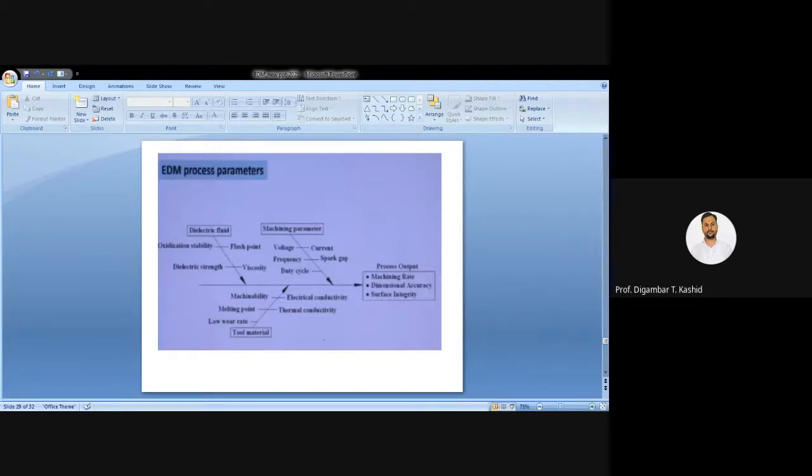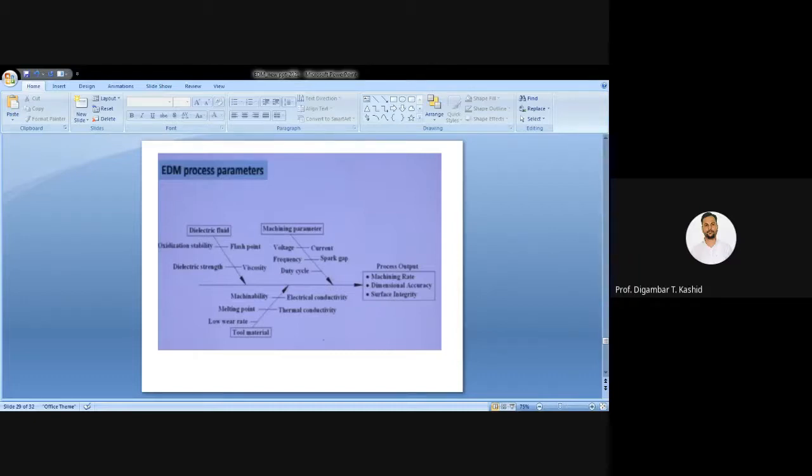Now let us discuss the process characteristics I have given here. As we know, the EDM process is employed for machining any electrically conductive metal, irrespective of its hardness. Hardness does not matter in this process, because electrical energy in its direct form is used.